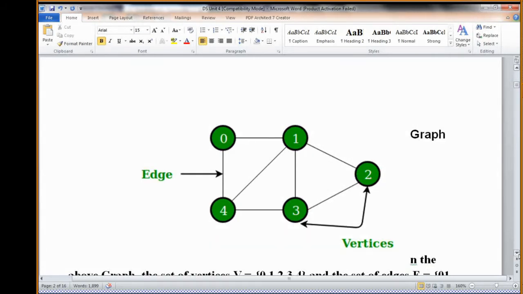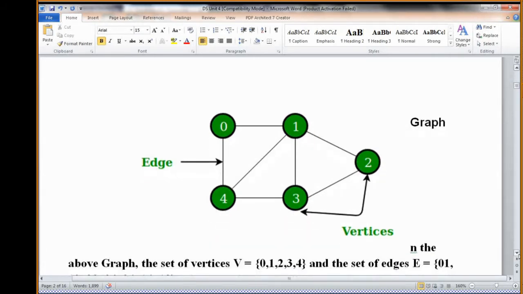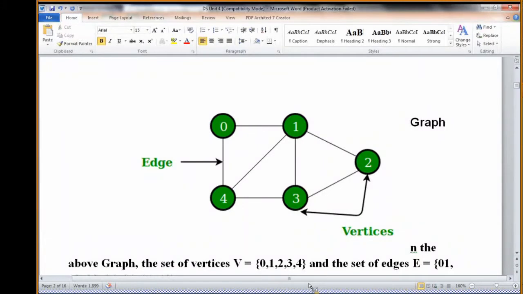There are 5 nodes, and each node is connected, which are called edges. So 0, 4 connected, 0, 1 connected, 0, 2 connected.